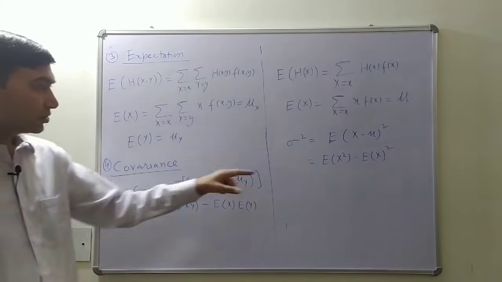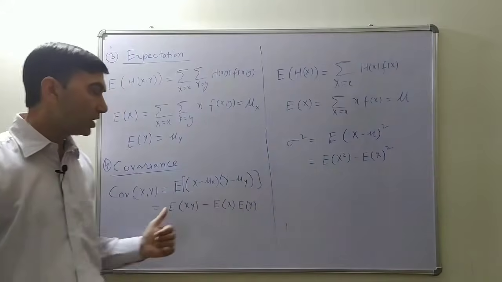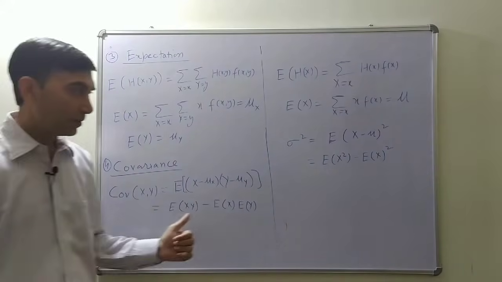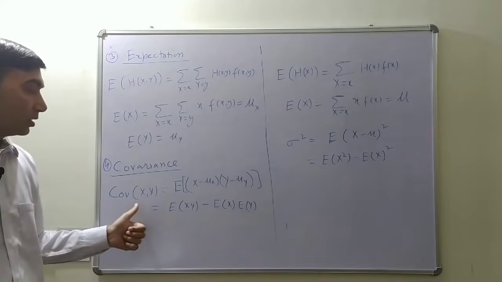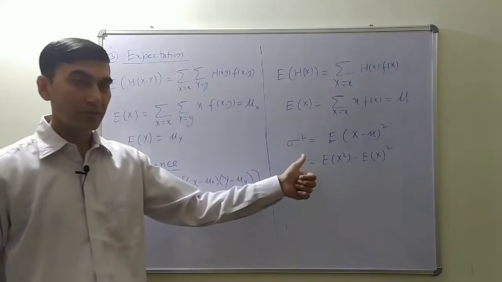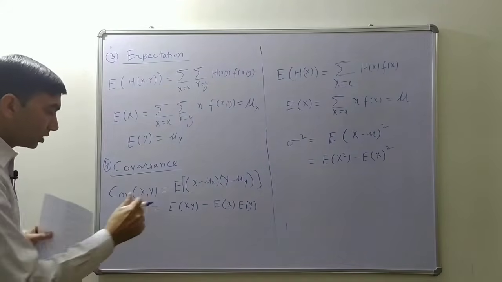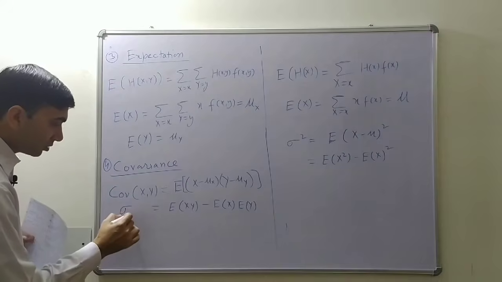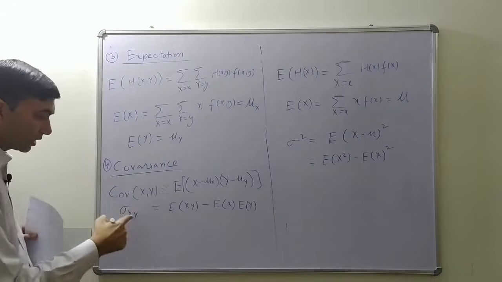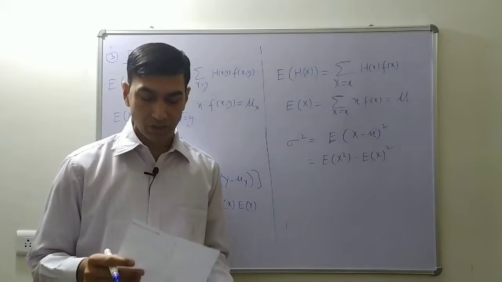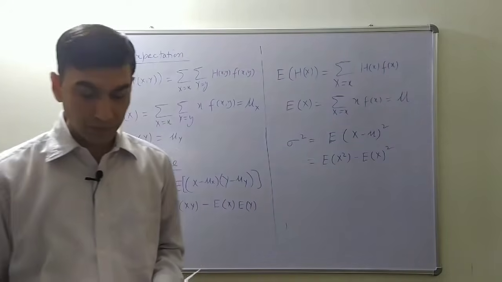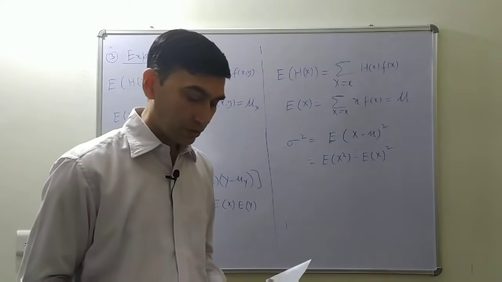So covariance is just a definition analogous to variance. You see, if I put y equal to x here, it gives me variance. So here we give a similar notation, sigma xy. In case y equal to x, you get the formula of variance. But covariance has, of course, a different meaning. You will see this later.